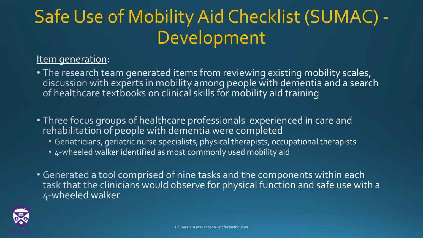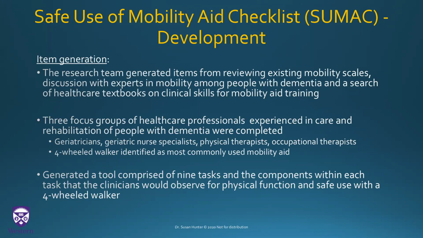Within that, they are deemed safe. Again, all healthcare professionals would know where the areas of deficit exist, and that should help with development of interventions. And then it also provided a common language for healthcare professionals working with people who have dementia.